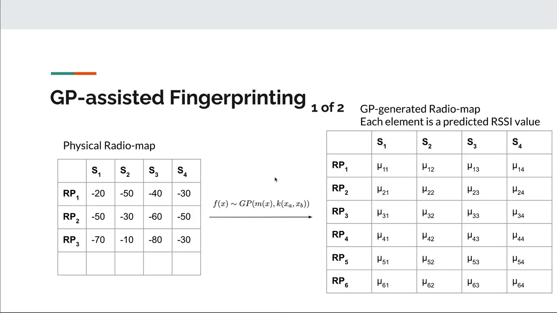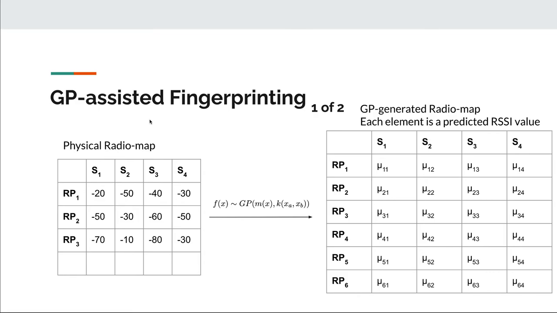Another way to incorporate Gaussian process is to use a GP-assisted fingerprinting. Now, like the GP-based fingerprinting we just discussed, we perform the same training of the Gaussian process model, but the new radial map is not composed of Gaussian distributions.